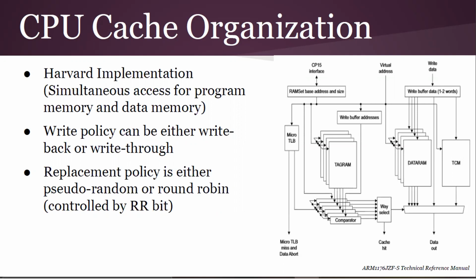This process of copying the data from main memory to cache memory requires address translation, and these recent address translations are stored in what is called the micro translation lookaside buffer.